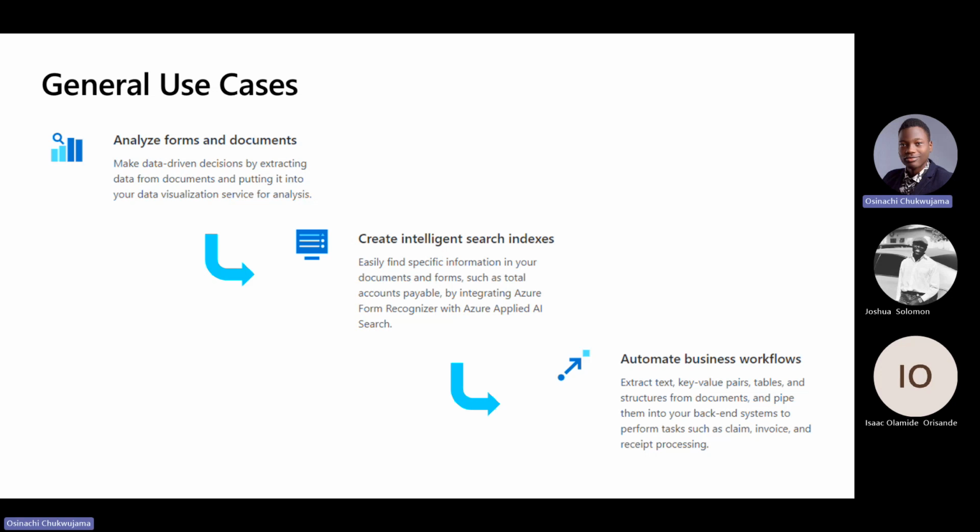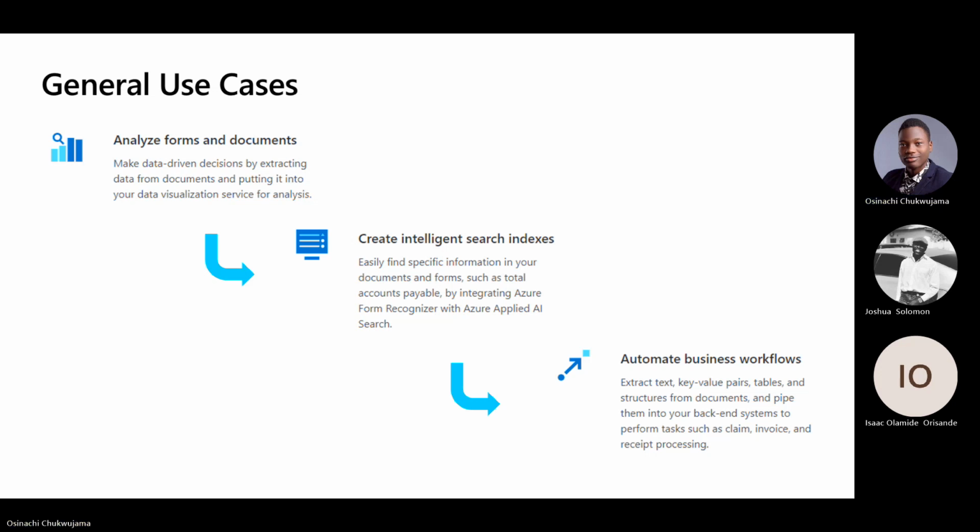From all the data you get from your documents, you can now put them in a database and be able to search through them, right? And well, basically automating business processes, so reducing the time it takes to collect data in your organization and similar operations.